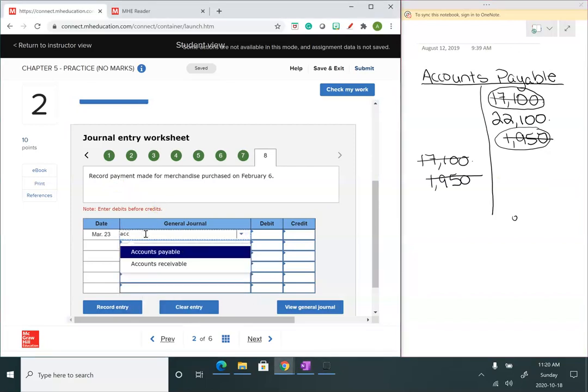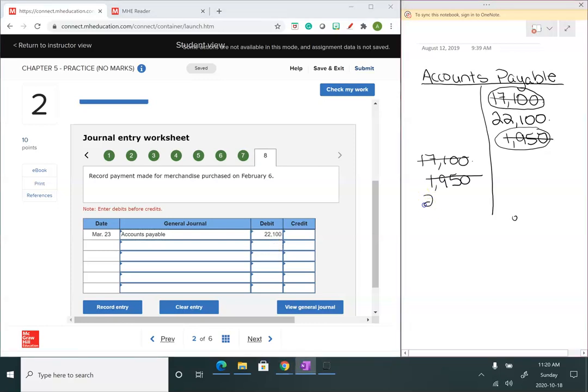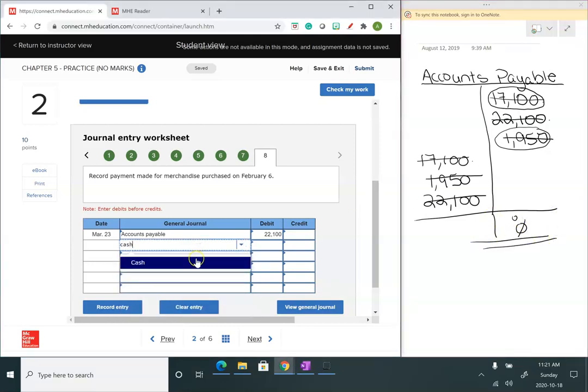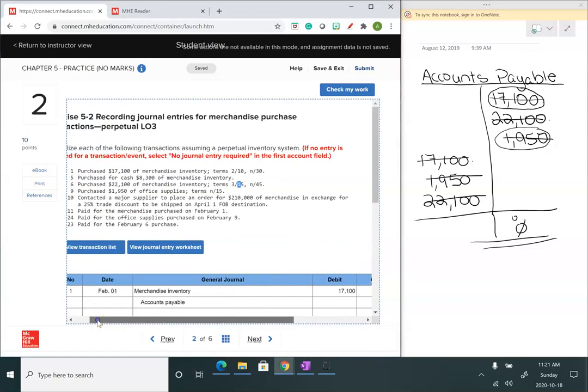So I'll record accounts payable 22,100. So that's this amount here. So now I actually have nothing left in accounts payable. So everything's paid. And then cash. So we didn't get the discount. So we had to pay the full amount. And now the question is complete.